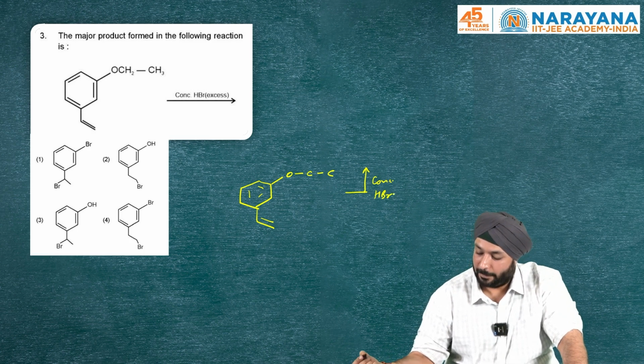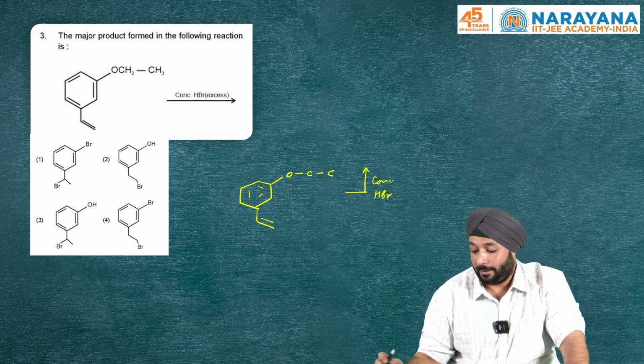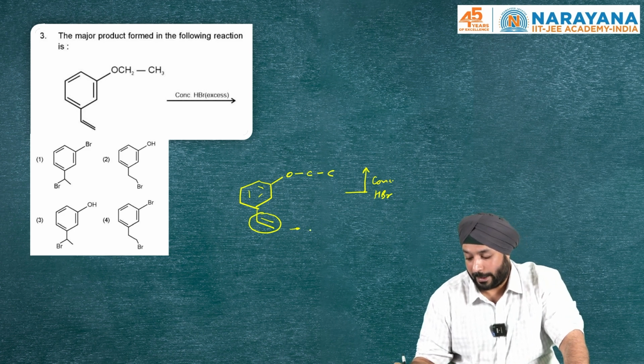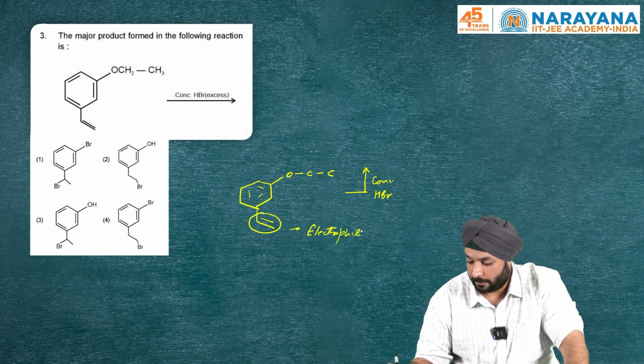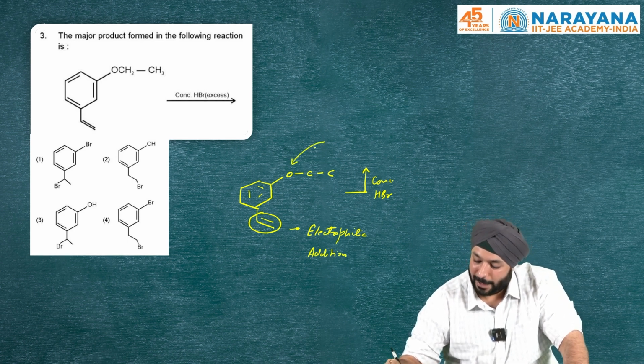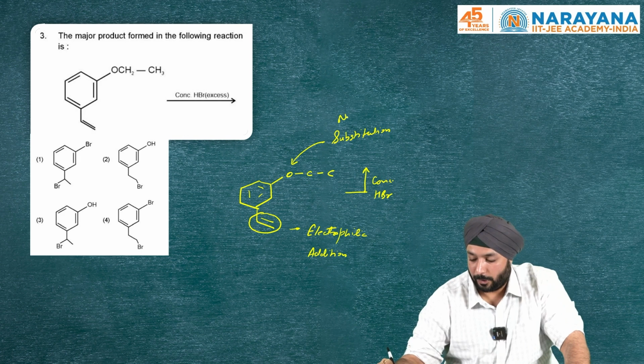Concentrated HBr. Now we know that double bonds will undergo electrophilic addition reactions, and here we'll also have a nucleophilic substitution reaction.